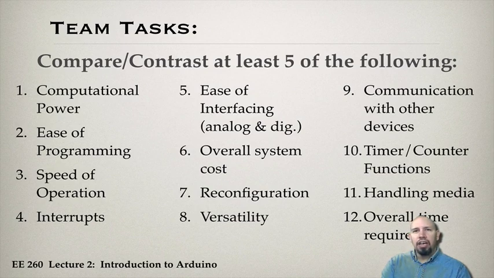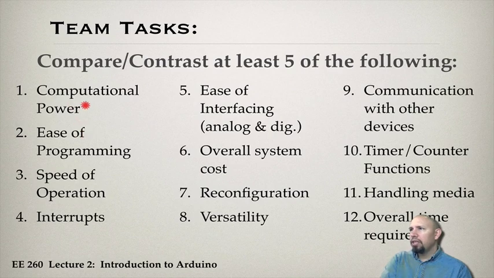I want you to take this list of 12 items, look at your device and the other device, and compare and contrast regarding these issues. I'm only asking you to do 5 of these, but 5 gives you a fairly rich set of issues to consider.